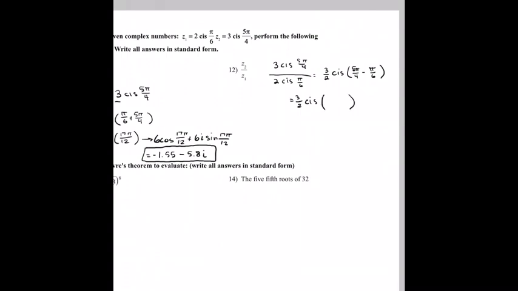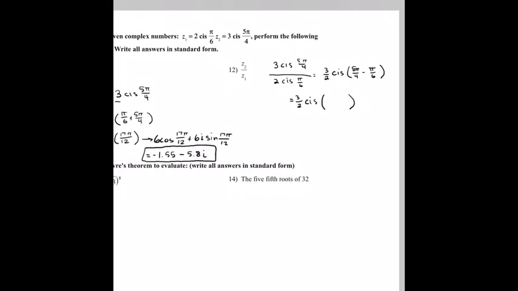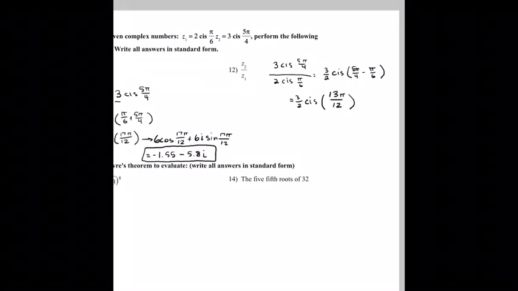So let's see, 5 pi fourths, that was 17 pi 12ths. And then pi 6 is 2 pi 12ths, so 15 pi 12ths minus 2 pi 12ths is 13 pi 12ths. But again, that's the trigonometric form of this.